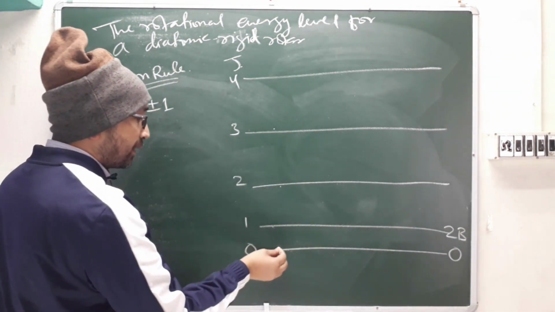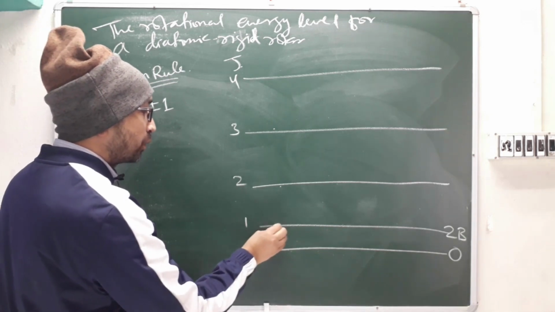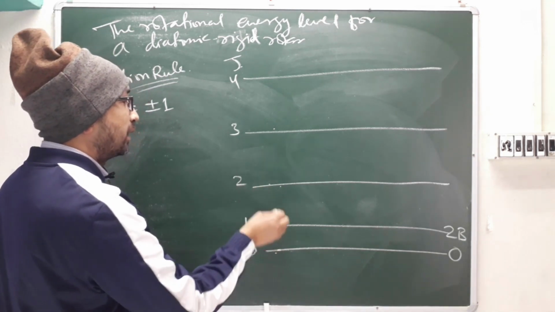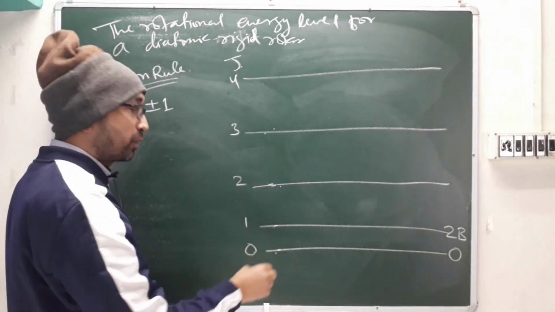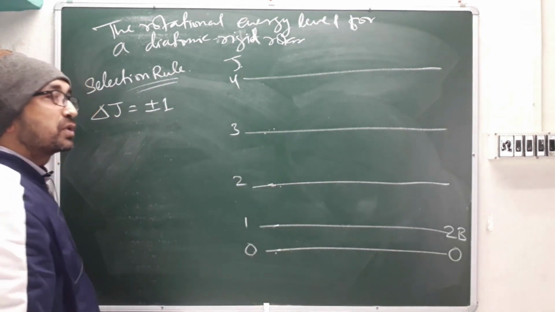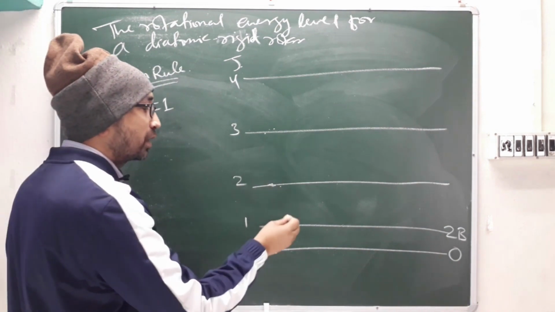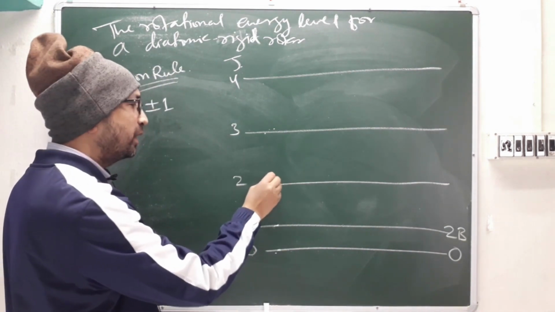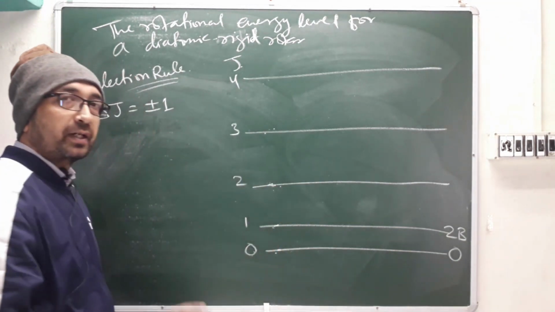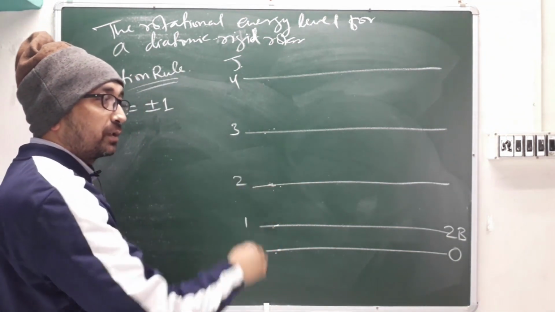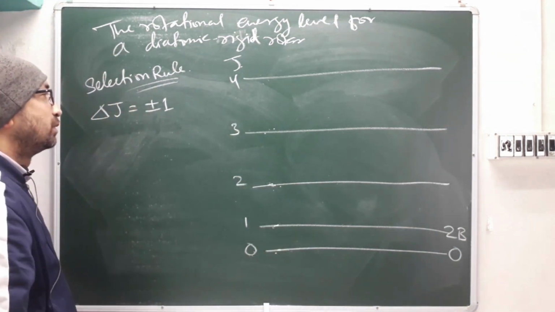It can only jump from 0 to 1 or 1 to 0, and again from 1 to 2 and 2 to 1, from 2 to 3 and 3 to 2. It can't jump from 2 to 4, or from 1 to 3, because the selection rule for delta J is plus or minus 1. Either 2 to 1 or 1 to 2 it will go, but it can't go 2 to 4, 4 to 2, or 4 to 1. Only one step it can go, not 2 or 3, correct? So this is the selection rule for J value.